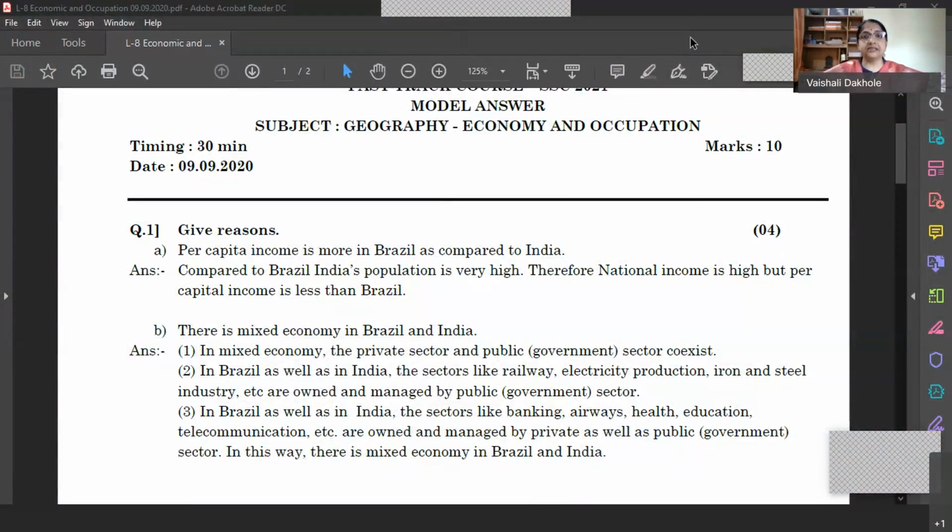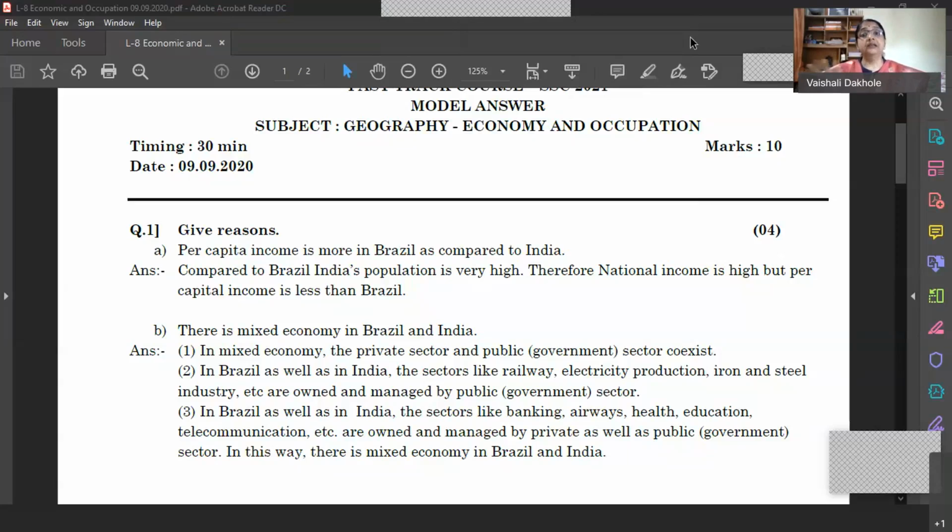The industrialist and the capitalist have the power to take the decisions about what to produce, how it should be produced, where it can be produced, and how should be the margin of the profit. So the capitalist economy is profit based. That means the main objective of the capitalist economy is to earn more and more profit.